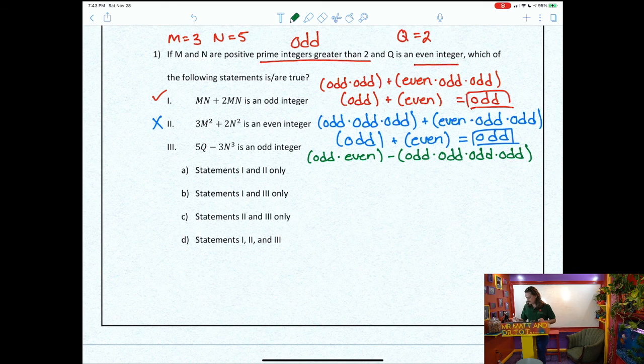Now, an odd times an odd times an odd. If they're all odd, they're going to stay odd. If they're all even, multiplying by each other, they're going to stay even. So this is going to result in just an odd. An even minus an odd is odd. So statement 3 is true. So your answer here is going to be answer selection B, 1 and 3 only.